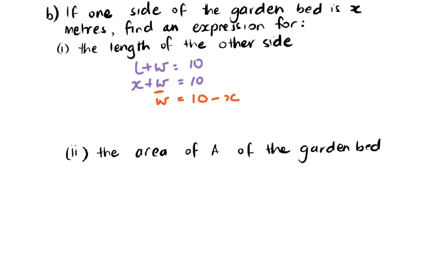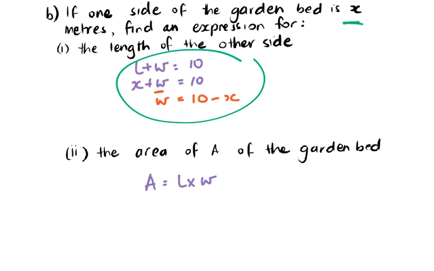So using this now, it says we need to find the area of this garden bed, and we're going to symbolize area as A. So we know area is length times width. Now, in this top equation here, we had length as x, and we had width as this equation here.